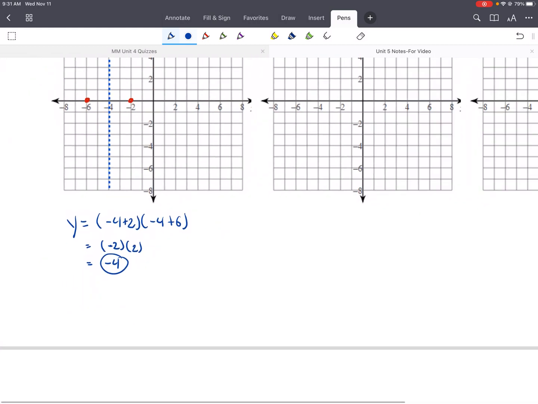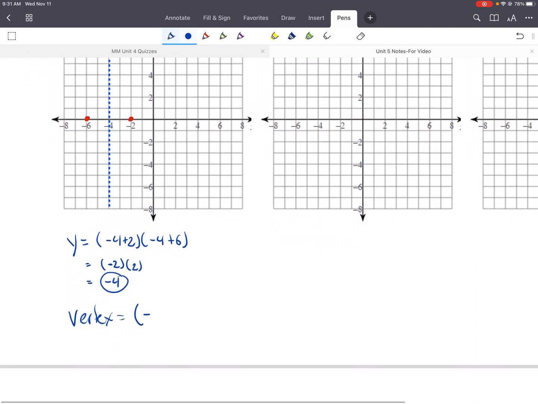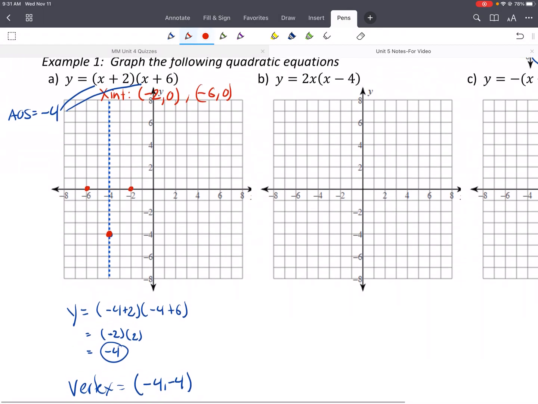So our vertex here is, it was what, negative 4, negative 4. So we'll plot that point. Oops, we'll do red.